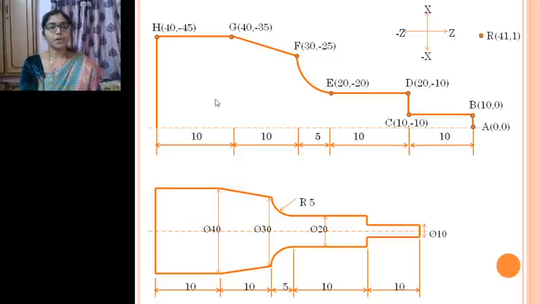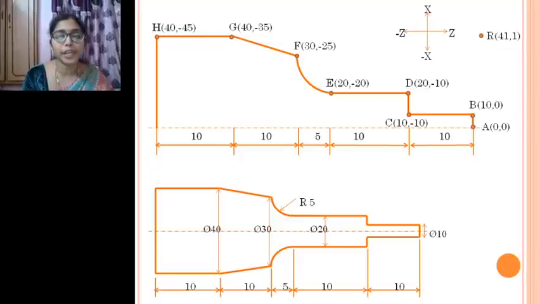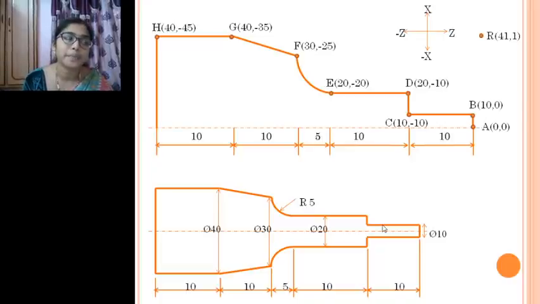Is that clear? So in this we are defining the different coordinates. So first you have to define the coordinates, right? So that is by giving one origin point. Based on this point, all these different points are defined, right?